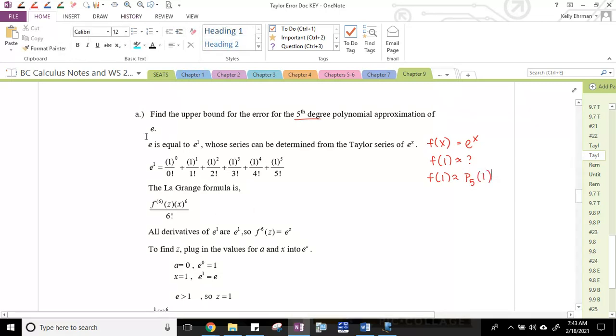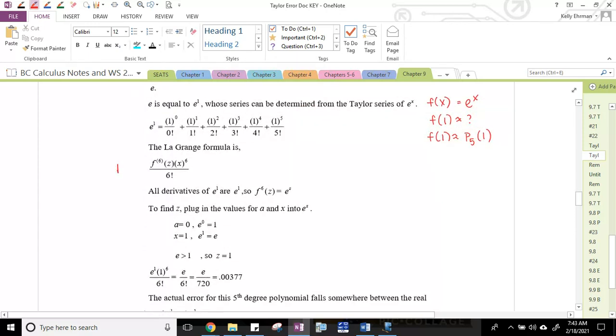So they've done that for you. E to the x is one of the Taylor polynomials that you're supposed to memorize. So just working on that formula, taking it out to the 5th power, the error bound using a 5th order approximated at 1 would be the 6th derivative of z, times x to the 6th, because e to the x is centered at 0, so just x minus 0 to the 6th over 6 factorial.